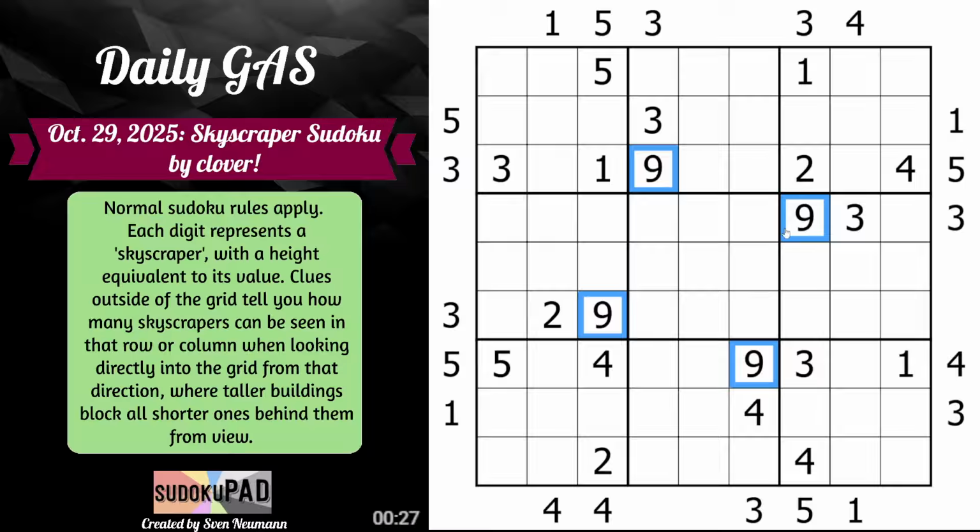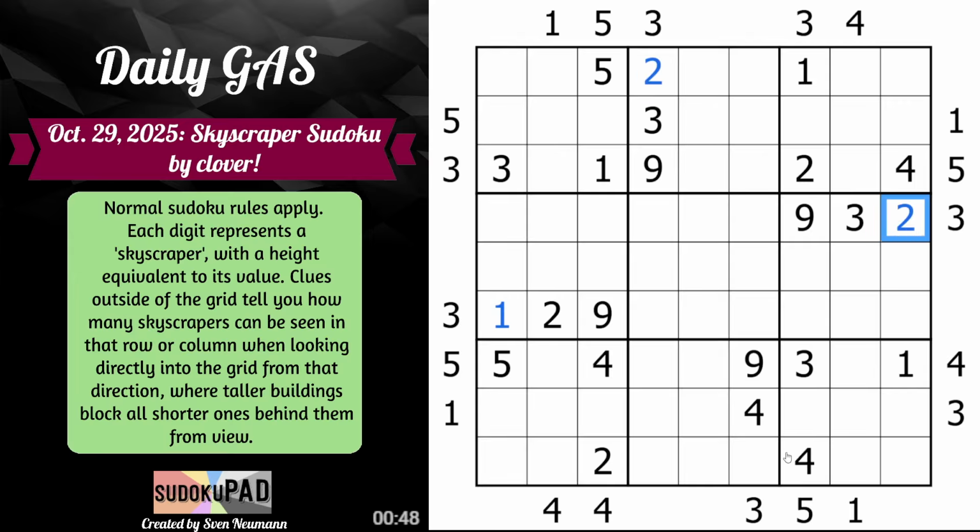What that means is we're quite limited here. We need all 3 of these cells to be visible skyscrapers. So this could never be anything greater than 2, because then you would only see 2 skyscrapers, which means this must be 1. This here must be 2.